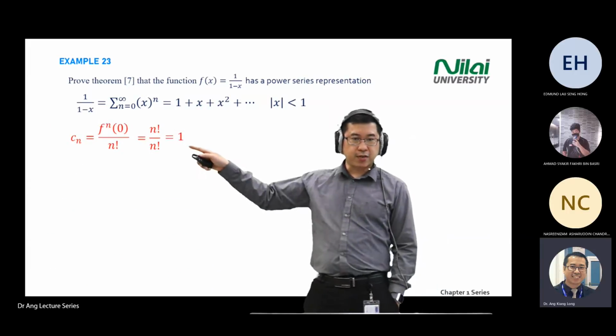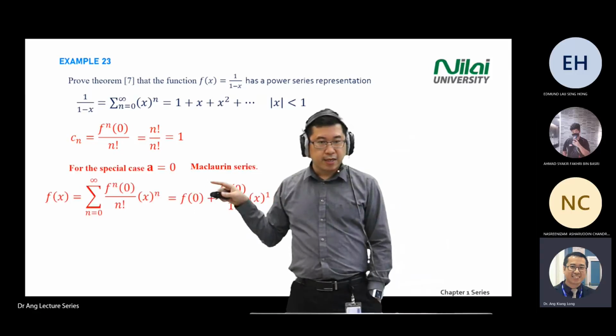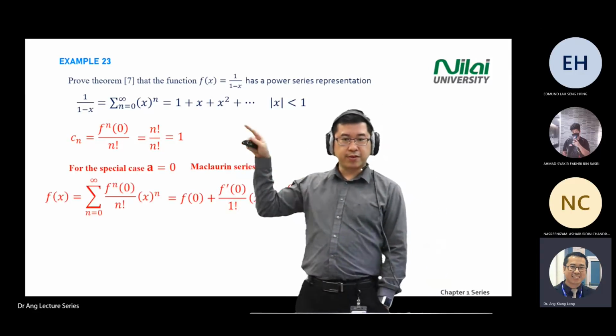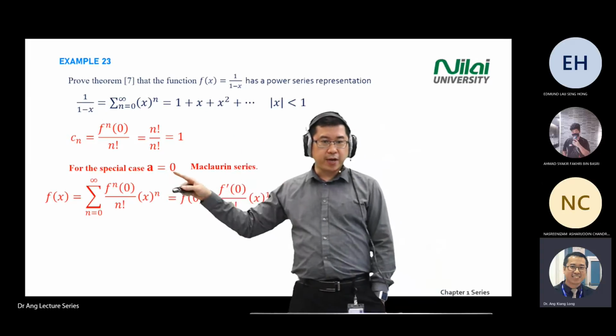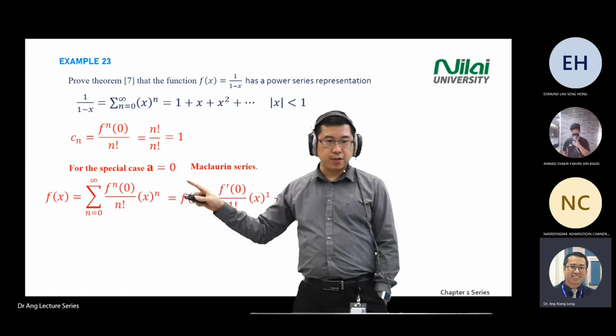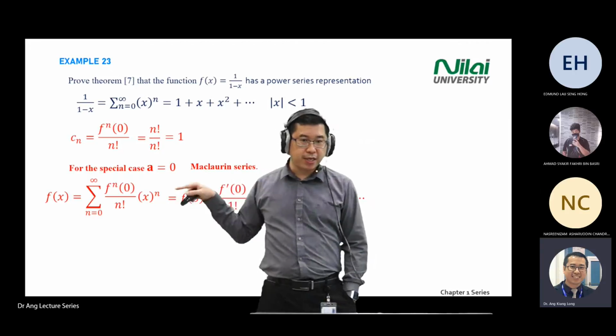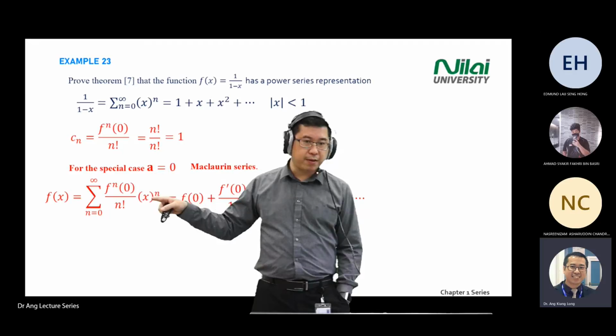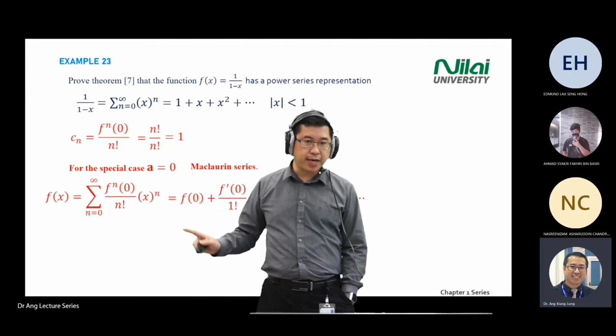Once you get your Cn equal to 1, remember the Maclaurin series just now? The Maclaurin series you derive from a Taylor series where your a equals 0. So you pull out the Maclaurin equation just now: Fn(0) divided by n factorial times x power n.